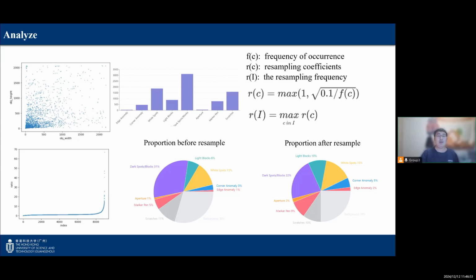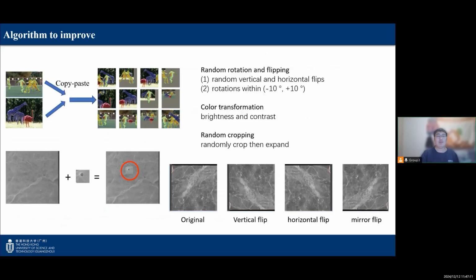Finally, we calculate RL, the resampling frequency for each image in the training set. The left figure shows the proportion of each category before resampling, and the right figure shows the proportion of each category after resampling. We use multiple data augmentation strategies to help improve sample diversity.